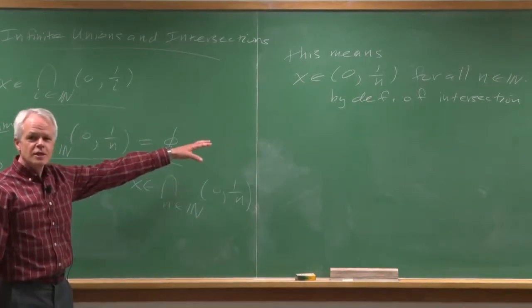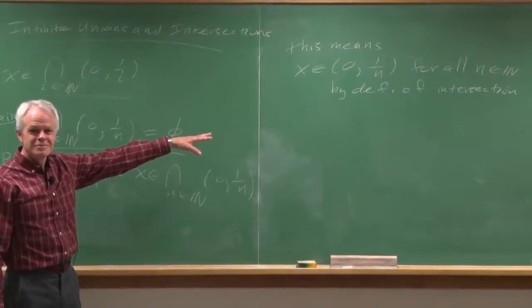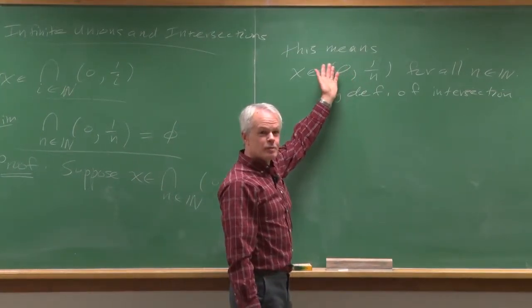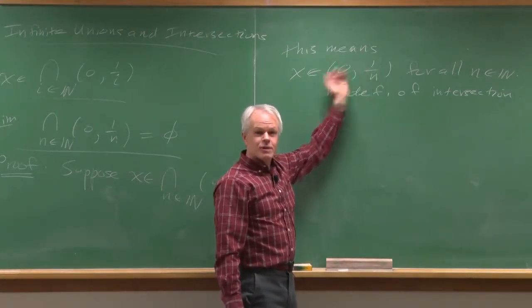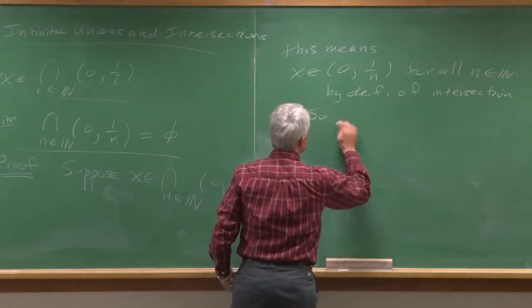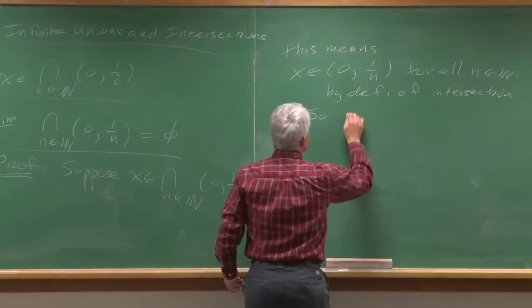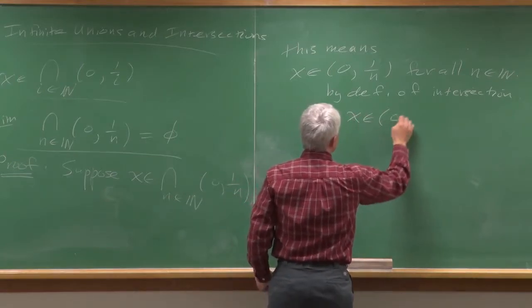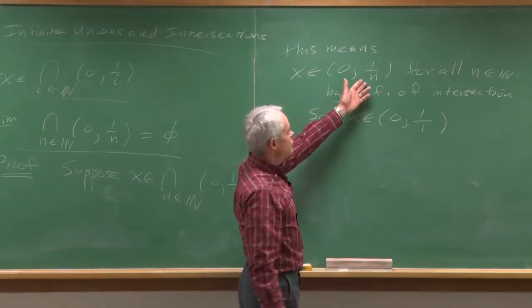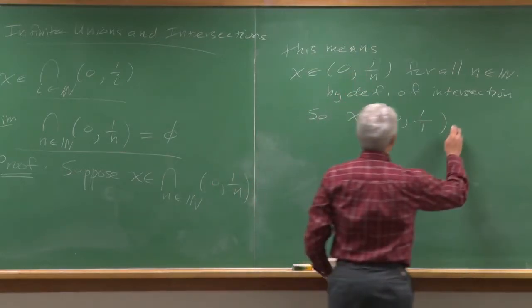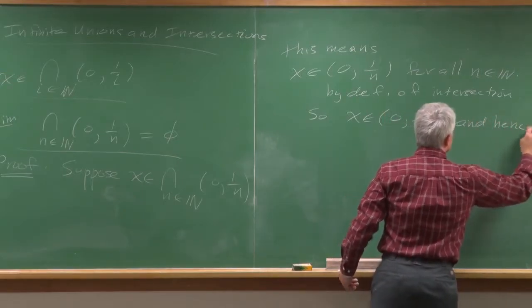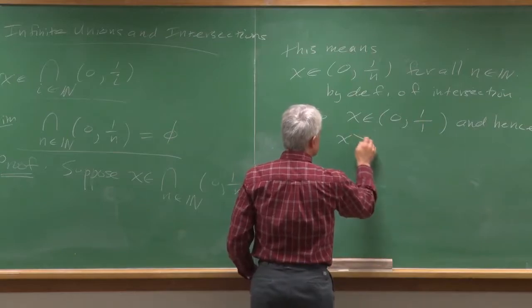First thing, is the x greater than 0? Yeah, in order to be in one of these, it has to be between 0 and 1 over n, so it has to be greater than 0. Okay, so that's the first thing we know. Let's just be specific. I could just say when n is 1, the x is greater than 0.